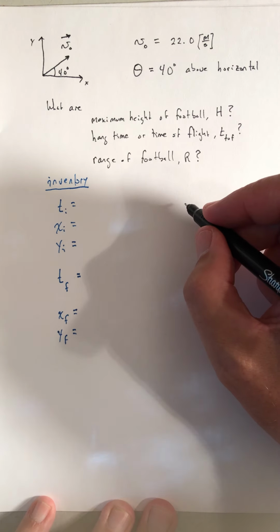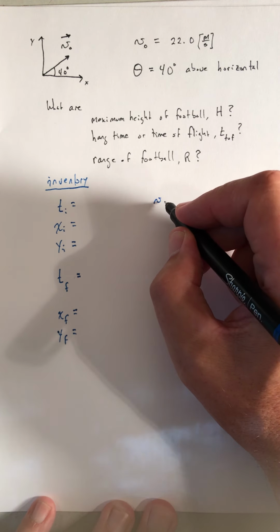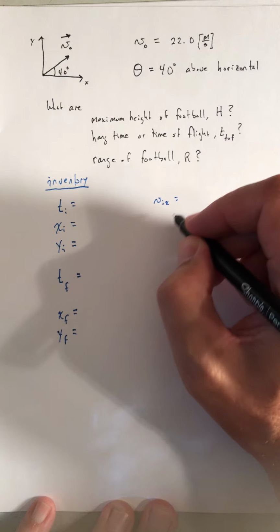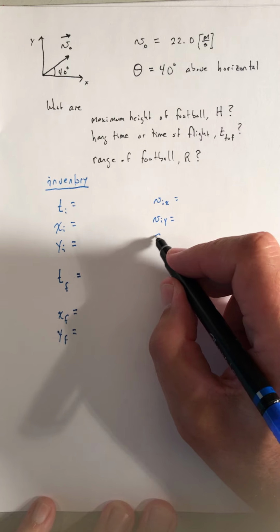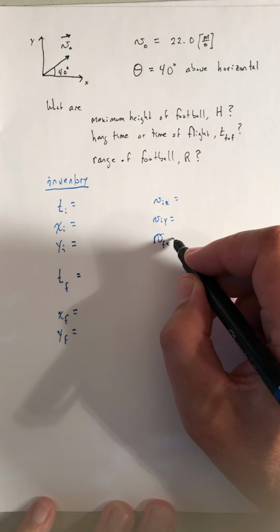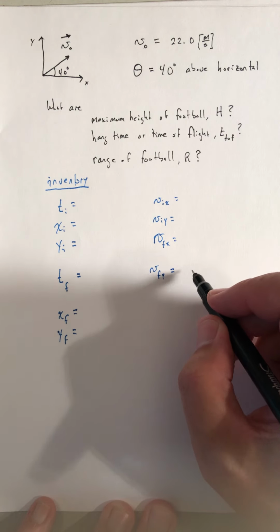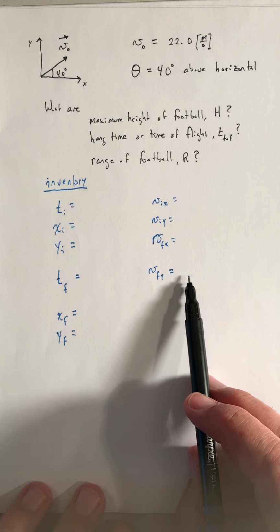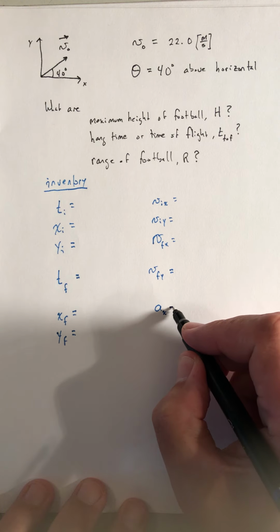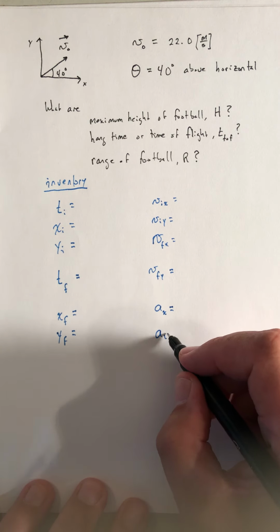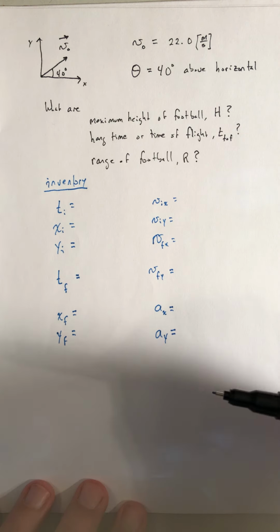We also have initial velocities, so v_i x, v_i y, v final x, then v final y, having two possible values depending on which time I pick, and then acceleration in the x direction, acceleration in the y direction. So that's all my variables.